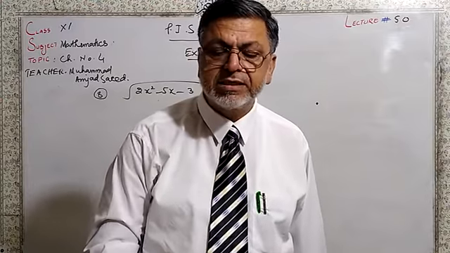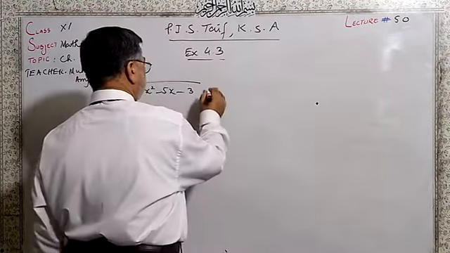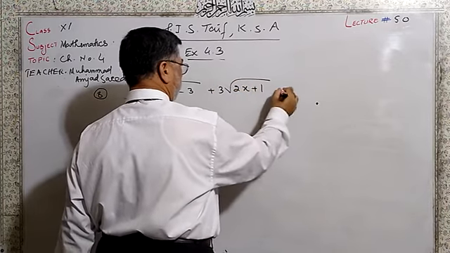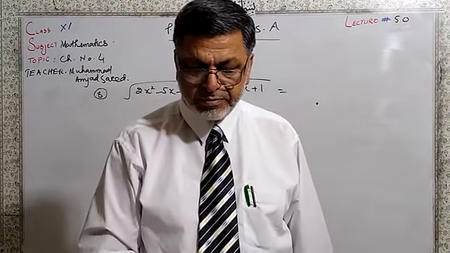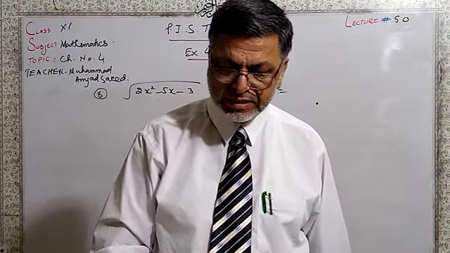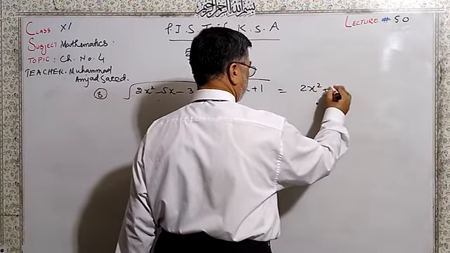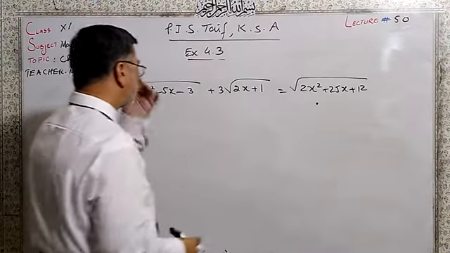And the second one is plus 3 into square root of 2x plus 1, is equal to the square root of 2x square plus 25x plus 12.